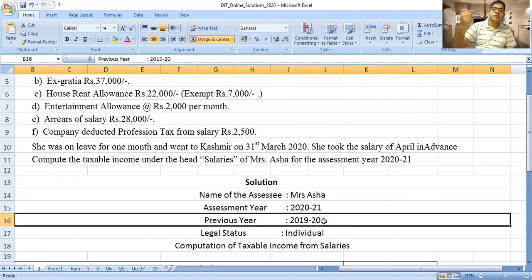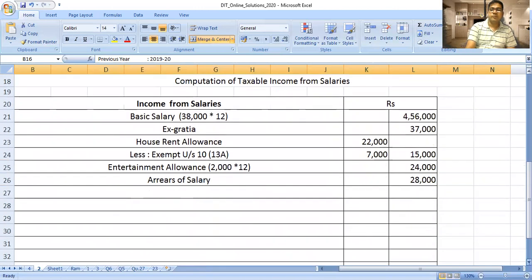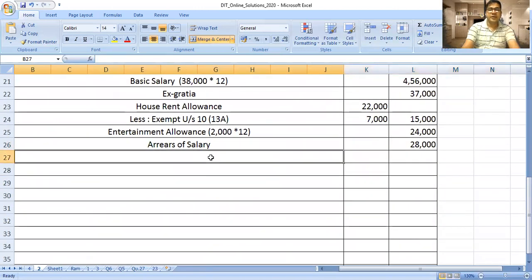In that 2020-21, she took April month's advance salary. Per month salary is 38,000, so advance salary of April 2020 is 38,000.